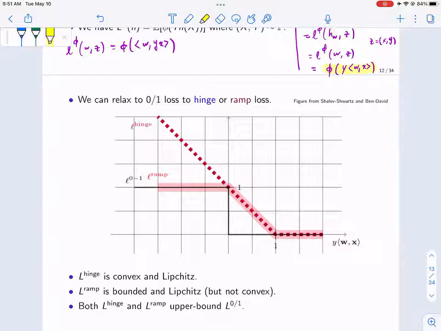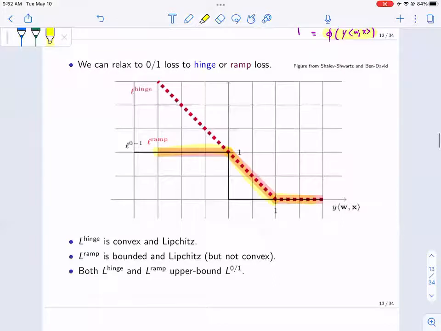The ramp loss that we're going to look at matches the 0-1 loss here, but then linearly interpolates between the two. So you can see the ramp loss is bounded and also 1-Lipschitz. 1-Lipschitz follows from the fact that if you take the derivative in absolute value, it's at most 1, where it's differentiable, which is almost everywhere.